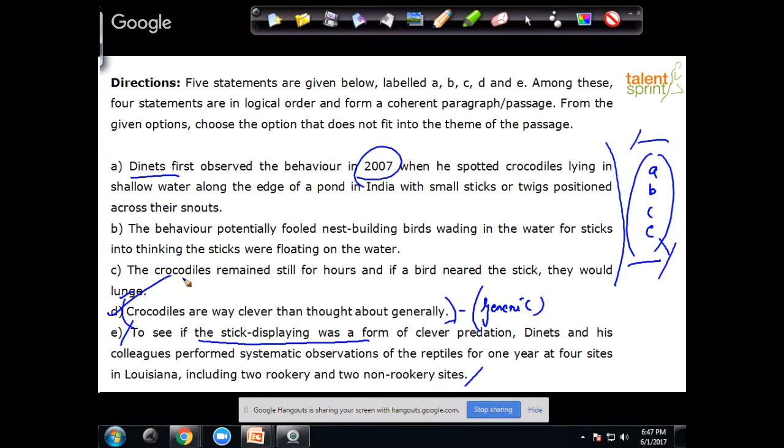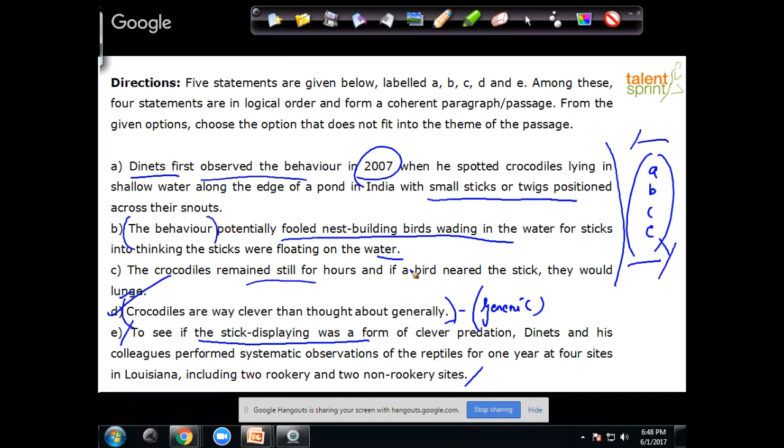Like I said, option B is directly referring to the behavior that he first observed in 2007. What did this behavior of them holding these small sticks or twigs positioned across their snouts do? It fooled nest-building birds wading in the water. They thought this was what it is. So what did the crocodile do?